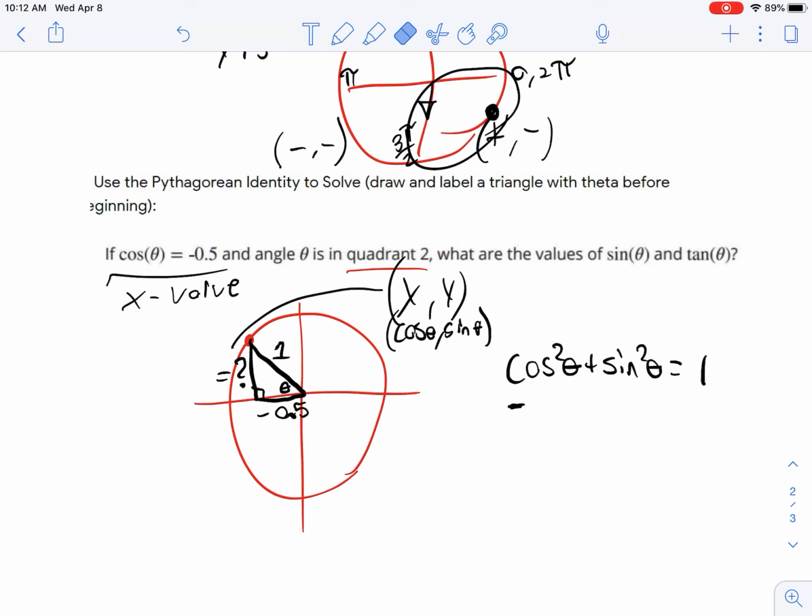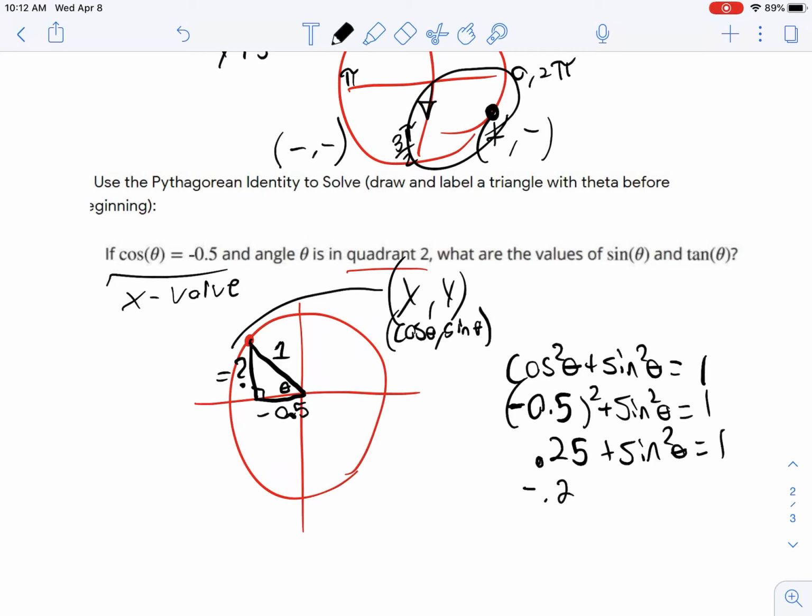I'm sorry, guys. And that's going to be squared plus sine squared equals 1. And 0.5 times 0.5 is 0.25. Plus sine squared equals 1. So we're going to subtract 0.25 from each side. And we're going to get sine squared theta equals 0.75.